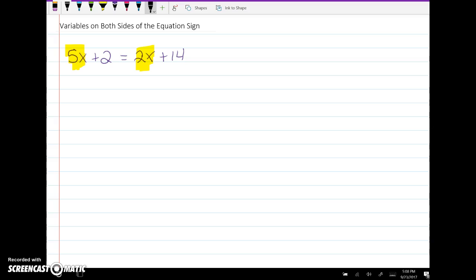So if you think back to when we had something simpler, like 4x minus 2 equals 10, if I want to take this negative 2 and combine it with this 10, I have to take the opposite of the negative 2.